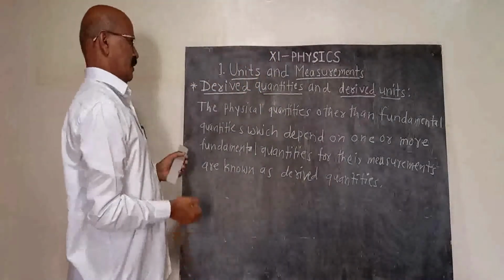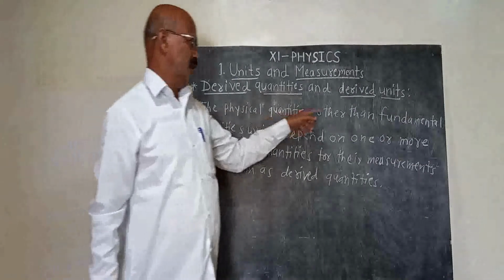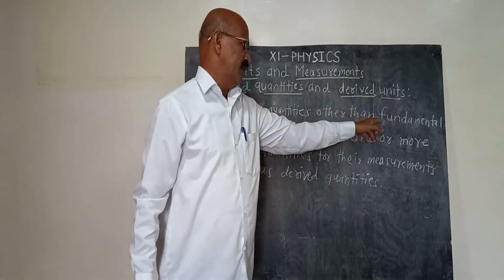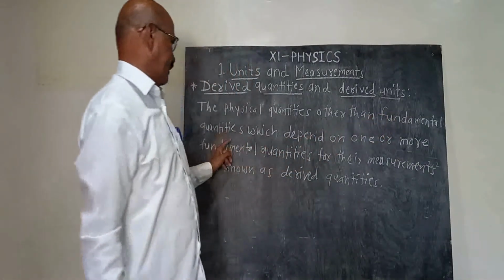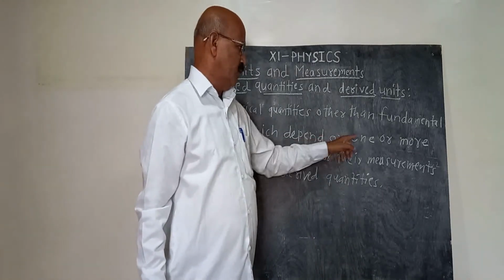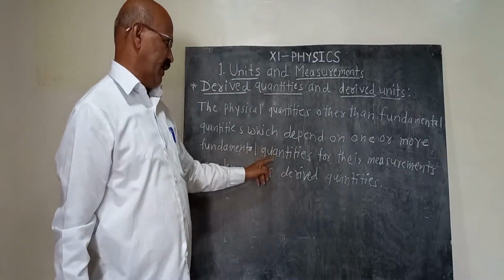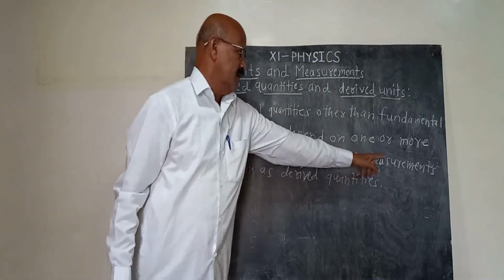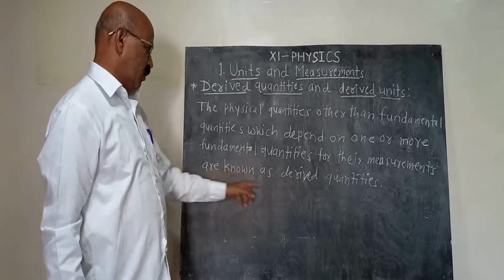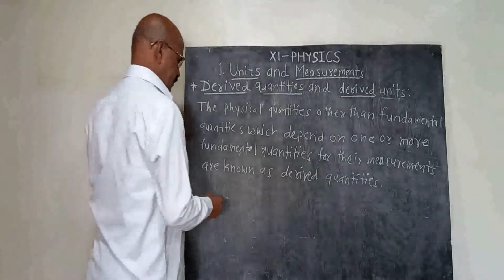See the definition again. The physical quantities other than fundamental quantities which depend on one or more fundamental quantities for their measurements are known as derived quantities.